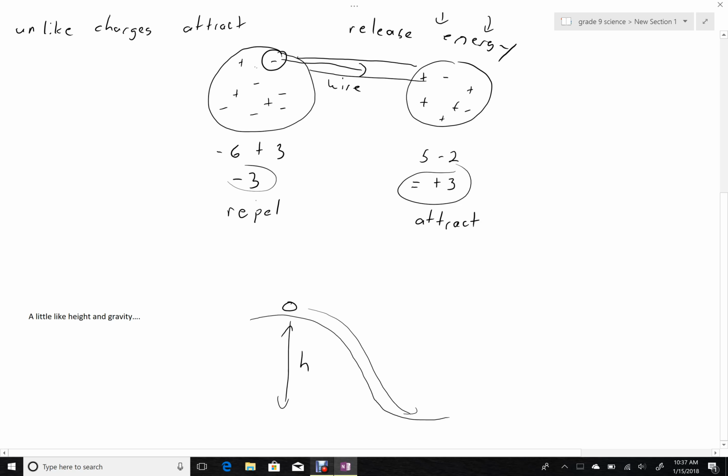So, in a sense, voltage is a little bit like height, as it is how much energy will be released when this electron is allowed to move from a position where it doesn't want to be, a negative spot, to a position where it does want to be, like a positive spot. So that's what voltage is.